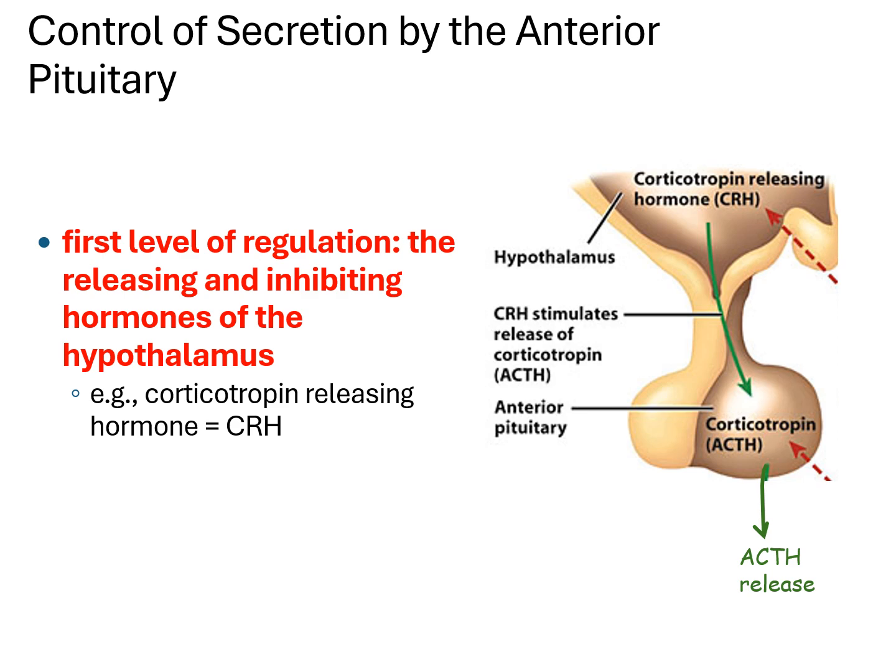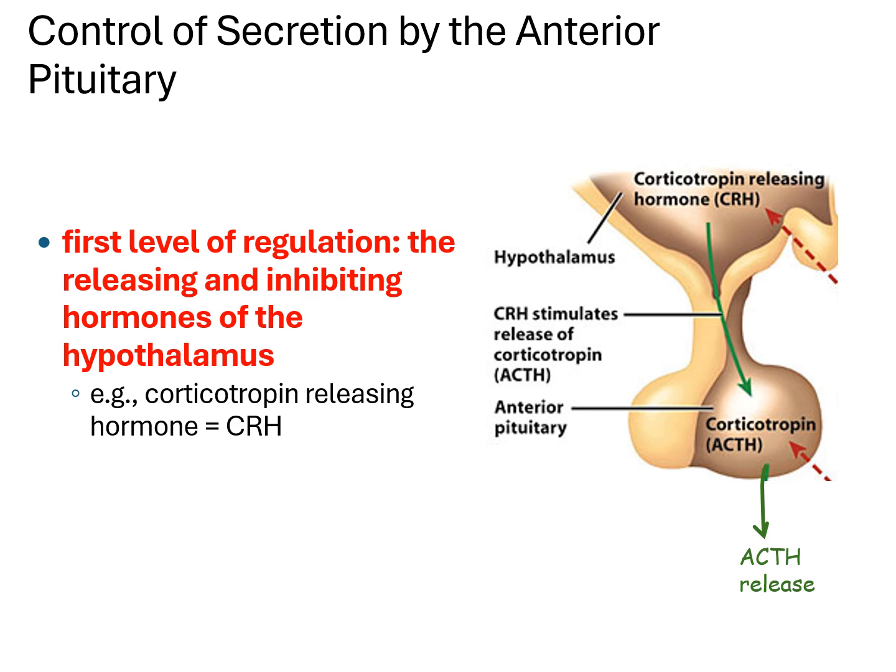So let's use a hormone as an example. Let's use corticotropin releasing hormone as our example and how it controls the release of ACTH from the anterior pituitary. The corticotropin releasing hormone is going to come from a specific group of neurosecretory cells in the hypothalamus. Again, they are going to get dumped into the hypophyseal portal system, which isn't shown here in this figure.